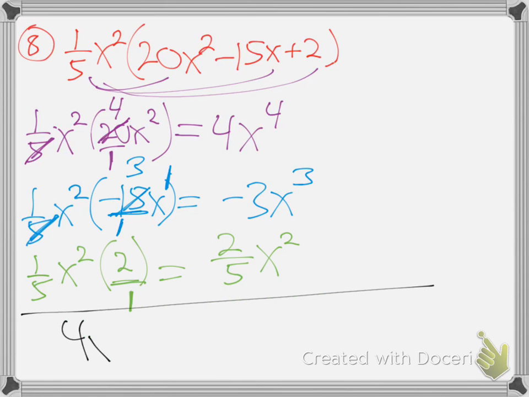So it's 4x to the 4th minus 3x cubed plus 2/5 x squared. We are done. How many got it? Did you get it? That's good. Questions? Questions I can answer on that one? Is that okay?